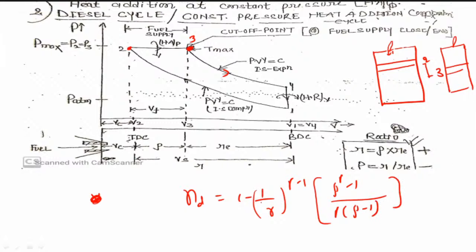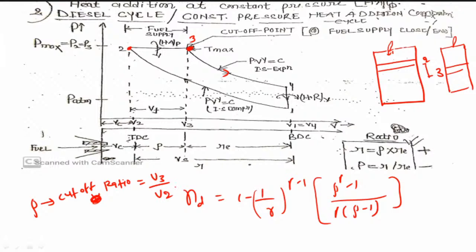Now the question is, sir, what is rho? Rho is called the cutoff ratio, and it is always given by V3 upon V2. So it is called the cutoff ratio.